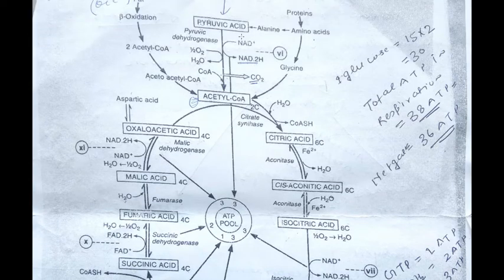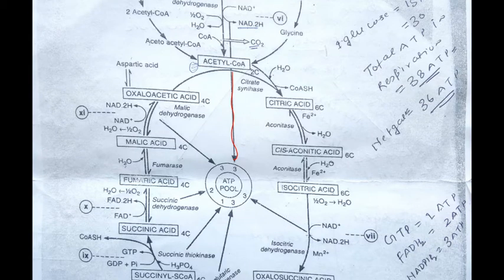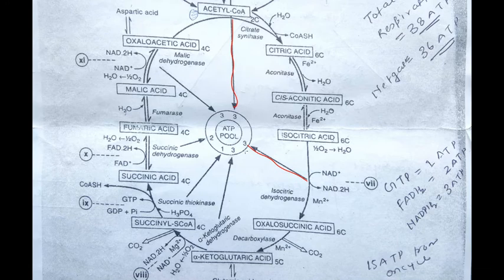You can see here, when pyruvic acid is converted into acetyl coenzyme A, it produces one NADH2. You can see this arrow, and it produces 3 ATP. In the next step, isocitric acid when converted into oxalosuccinic acid produces 1 NADH2, meaning 3 ATP comes here, and 3 ATP comes here, and GTP gives 1 ATP, so 1 ATP comes here, and FADH2 gives 2 ATP, so 2 ATP comes here.